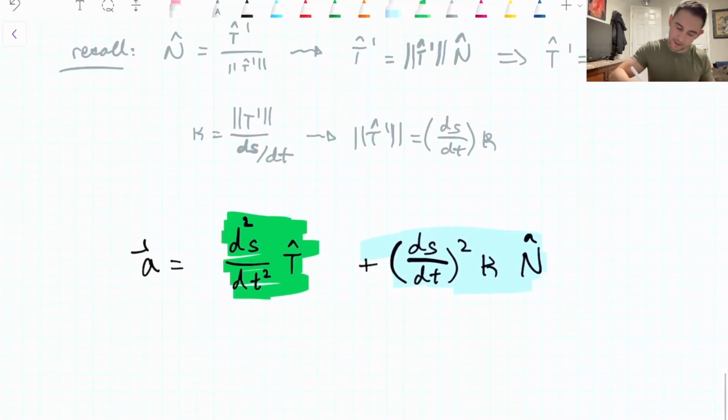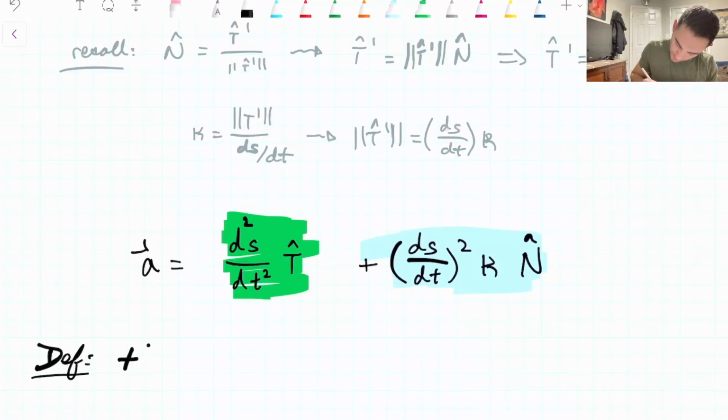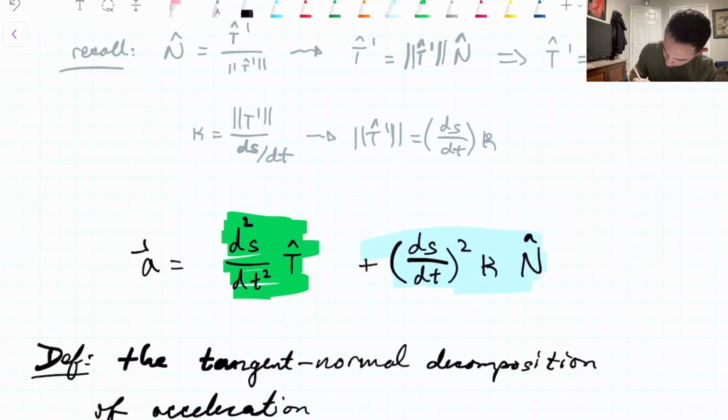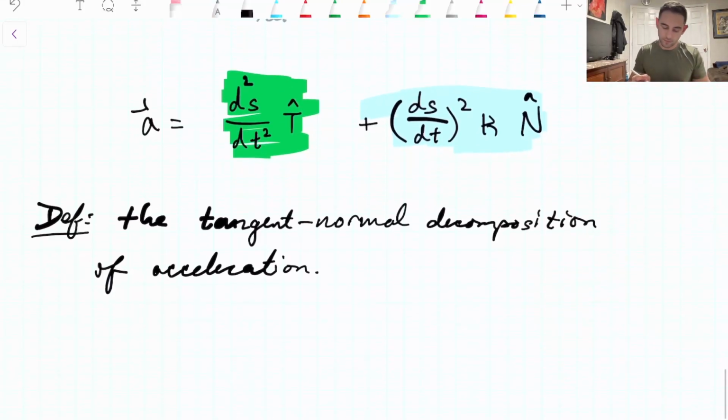We call this the tangent-normal decomposition of acceleration. The acceleration vector has two components.